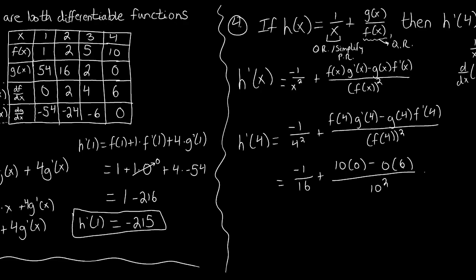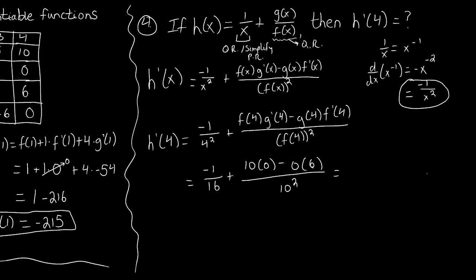Okay, before we get too far into evaluating this fraction, let's look at what happens. 10 times 0 is 0, 0 times 6 is 0. So if we have negative 1 over 16 plus 0 minus 0, or 0 over 100, this goes away to be just 0, right? So our answer is simply negative 1 over 16. And this is the derivative of this function evaluated at x equals 4.